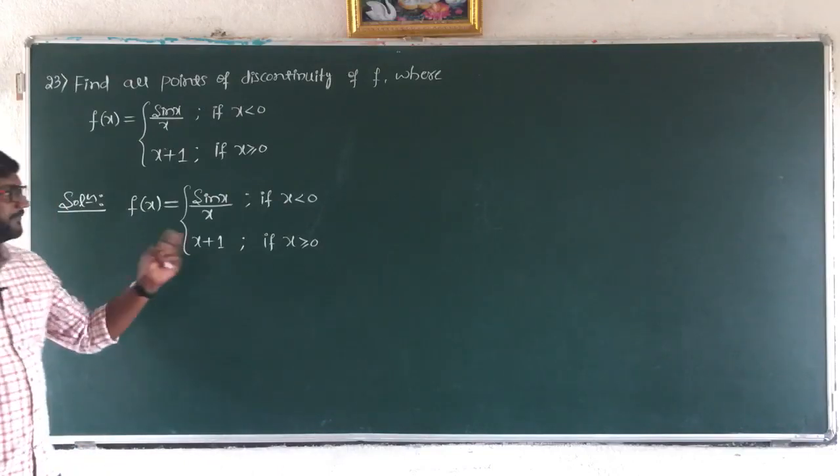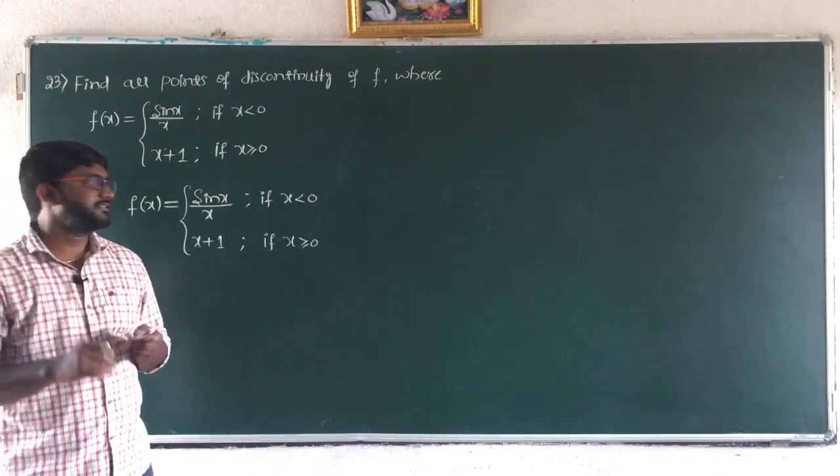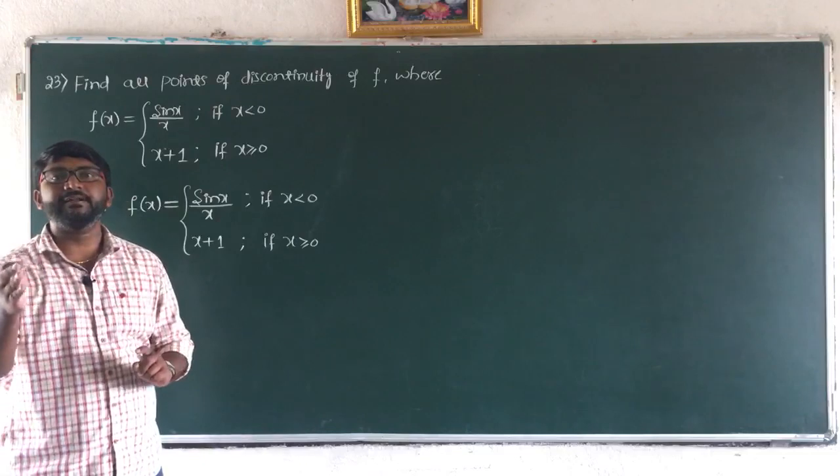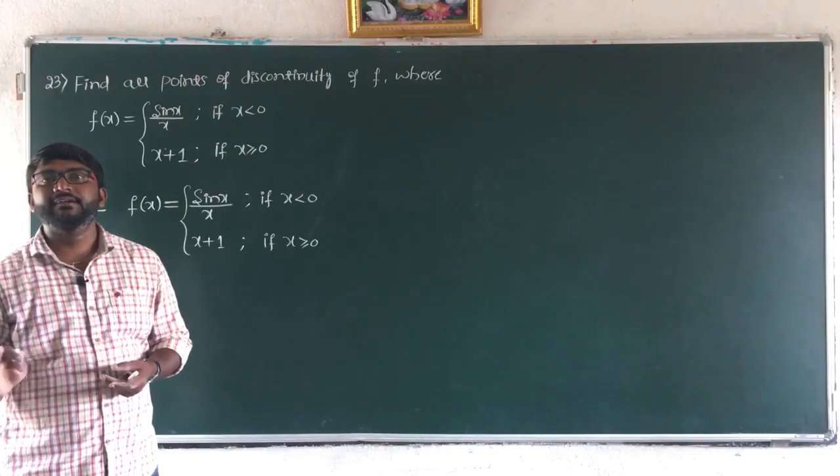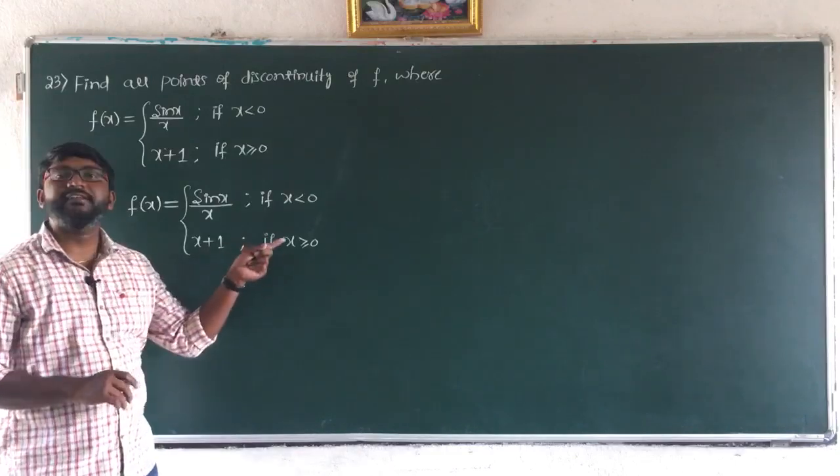So now here we get three cases: for c less than 0, for c equal to 0 and c greater than 0. So the function will be continuous for c less than 0 and c greater than 0. We have to check the continuity at c equal to 0.